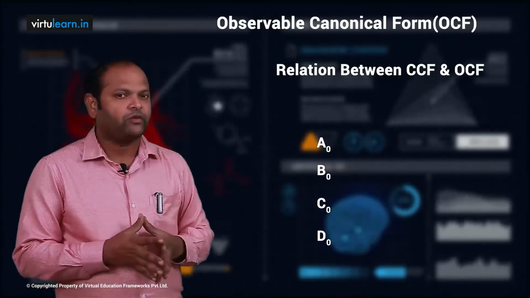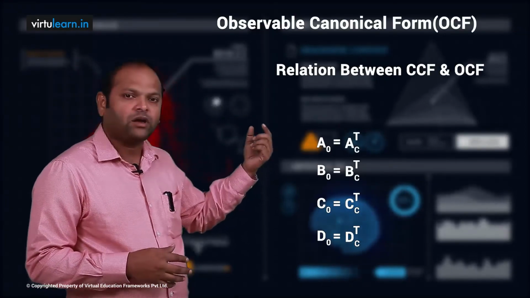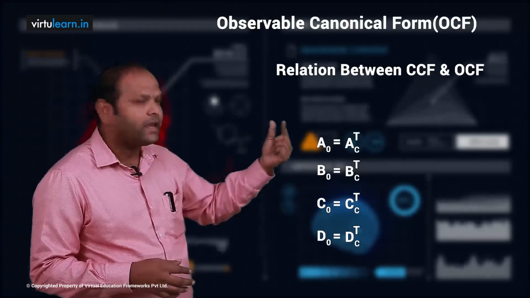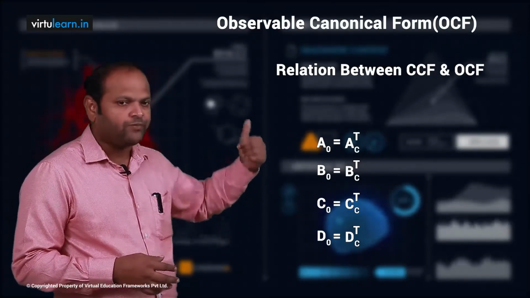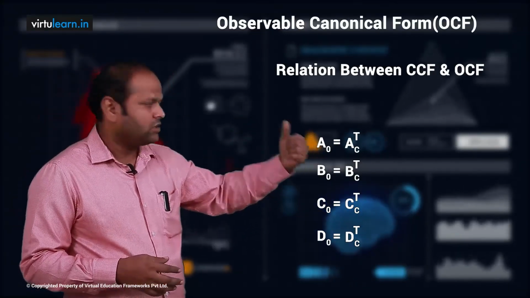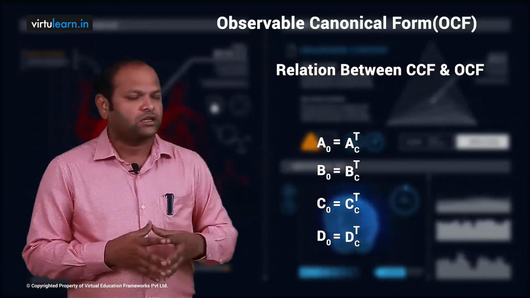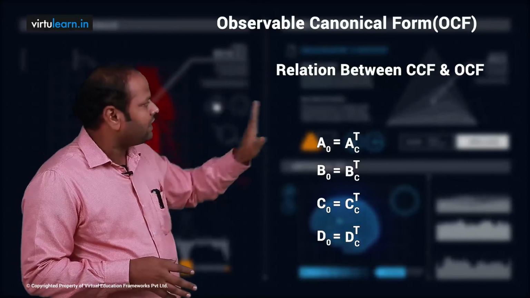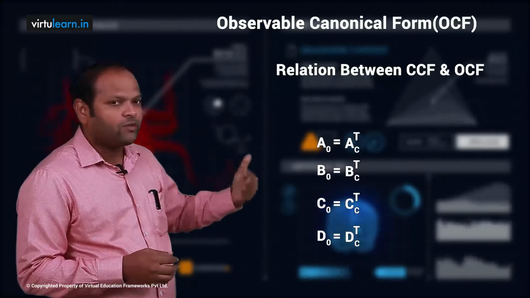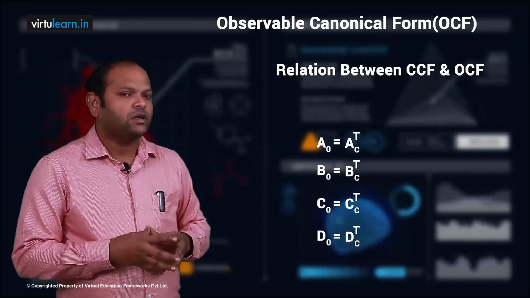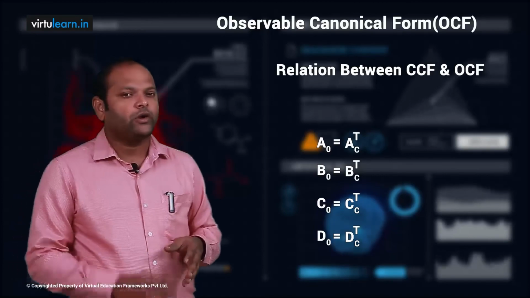When you compare, we can easily conclude that A naught, the observable canonical form A, is equal to AC transpose. When you transpose it, you will get the observable canonical form. B naught is C transpose and C naught is B transpose, and D naught is D transpose. So this is the relation between OCF and CCF. So if one is available, the other we can easily get with this transformation, and we can say that OCF and CCF are dual to each other.